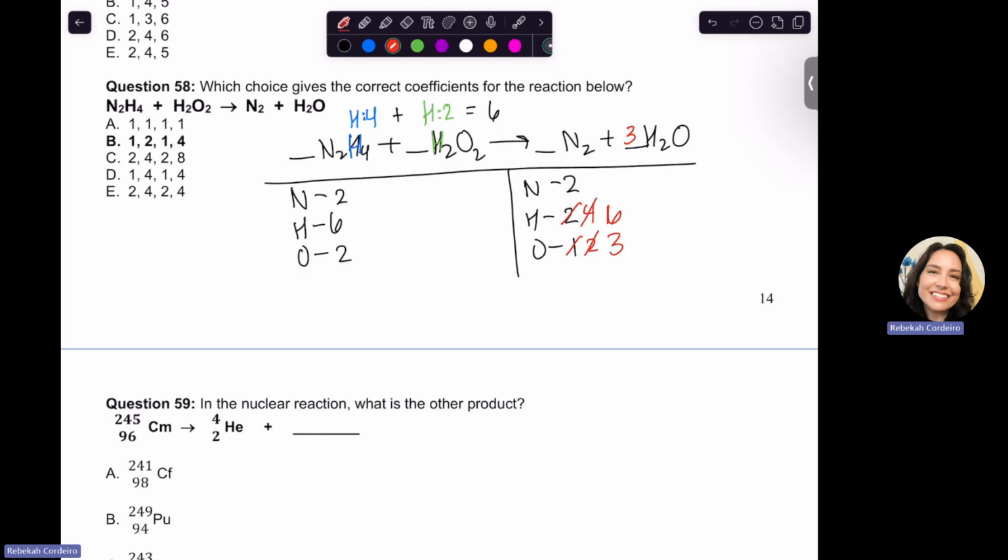Now I need more oxygens on the left side. So I've got to put a 2 here. This will give me 10 H's and 4 here. So now I need more oxygens and H's. So I'll put a 4. We're just kind of going along here.